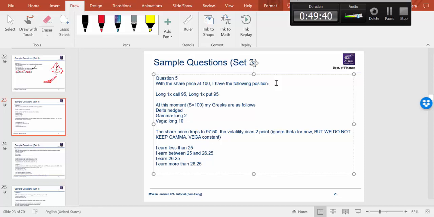The share price drops $2.50. Volatility rises 2 points. Ignore the time decay for now. So this is calculating same day profit. We do not keep gamma and Vega constant. I earn less than 25, or between 25 and 26.25, or I earn 26.25, or I earn more than 26.25.